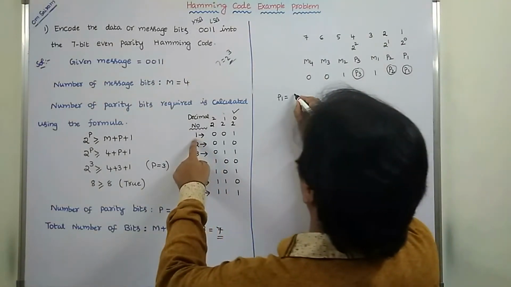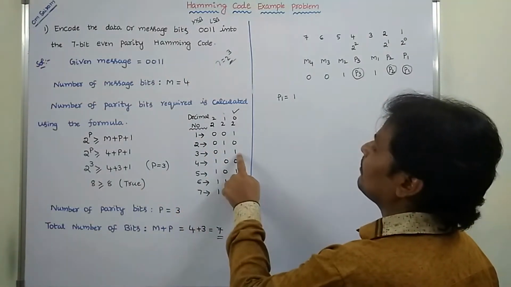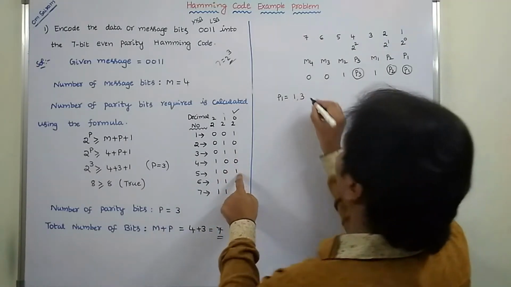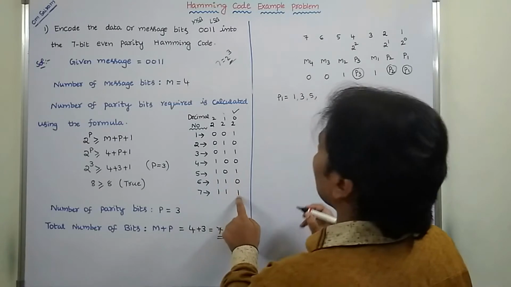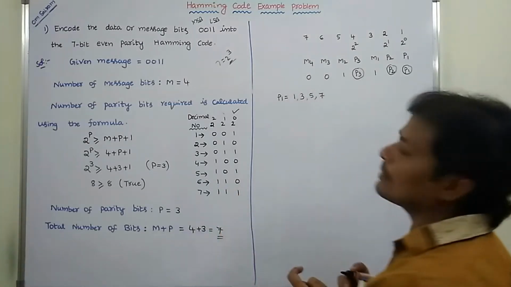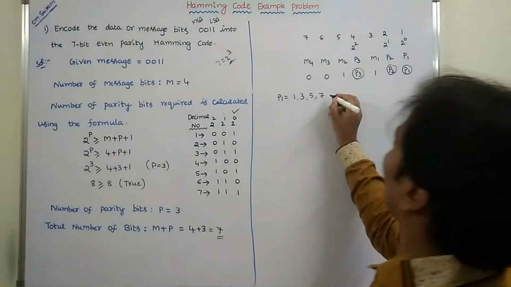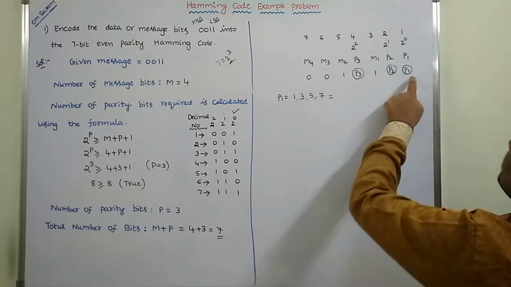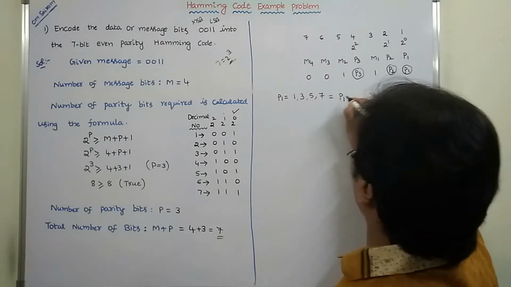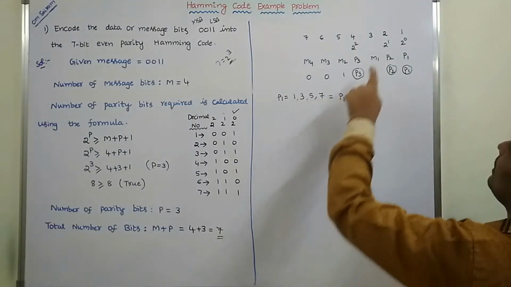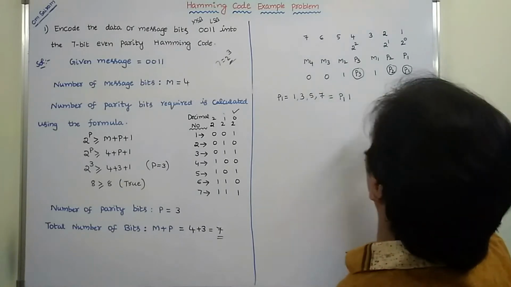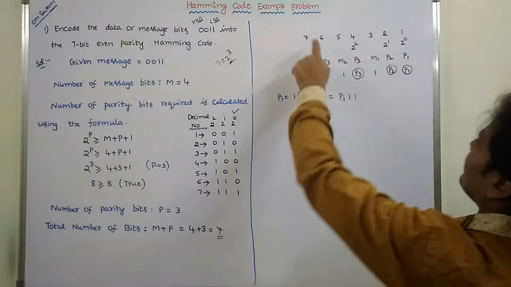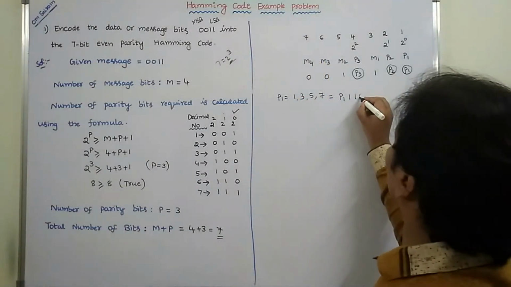Here 1 is there at the first position, third position, fifth position and seventh position. 1, 3, 5, 7. At the first position P1 is there. Next at the third position 1 is there. At the fifth position 1 is there. At the seventh position 0 is there.